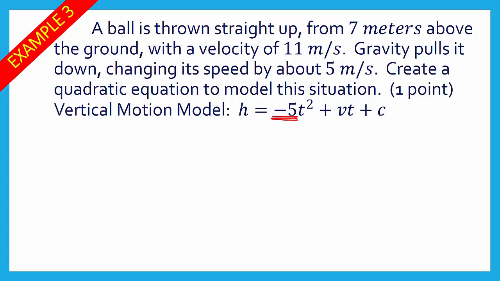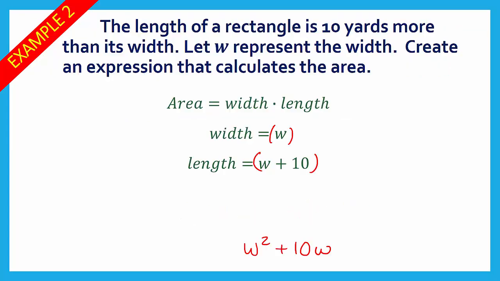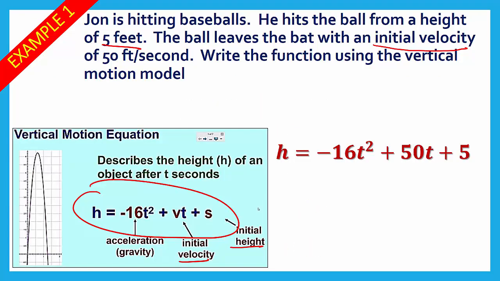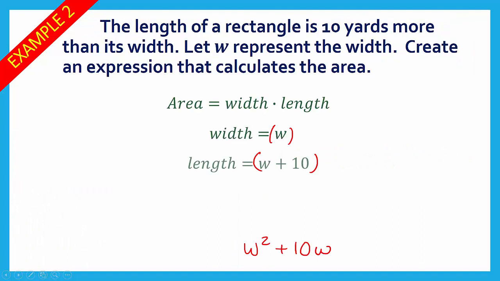But the thing to remember is this minus 5. This is gravity pulling it down, hence the negative, by about 5 meters per second. So that's where that 5 comes in, and that's already been put in for you. But if we go back, this is acceleration or gravity.